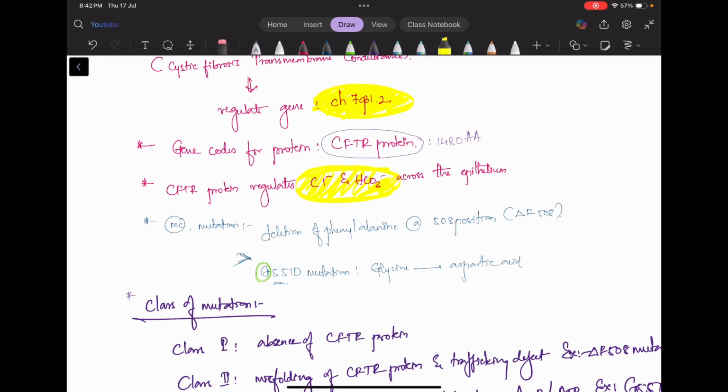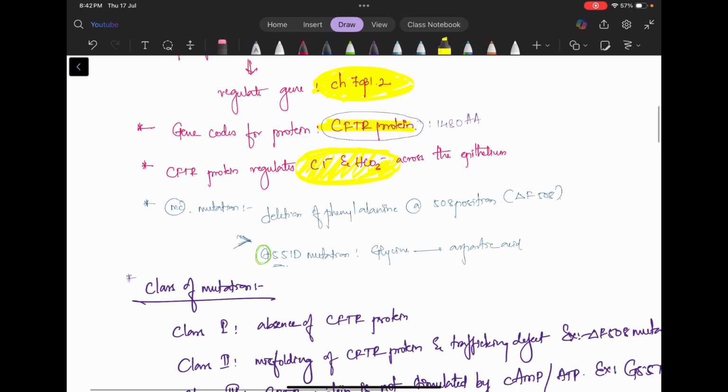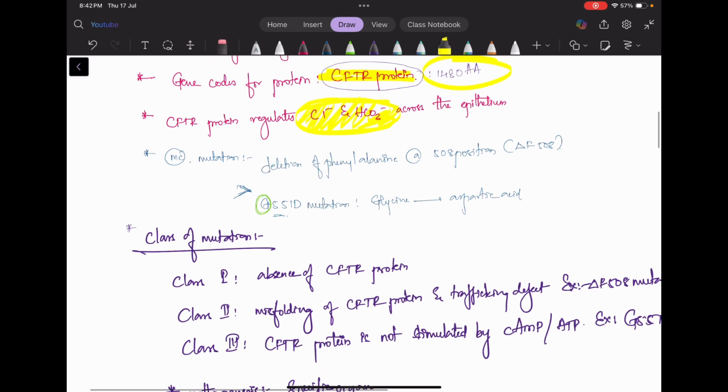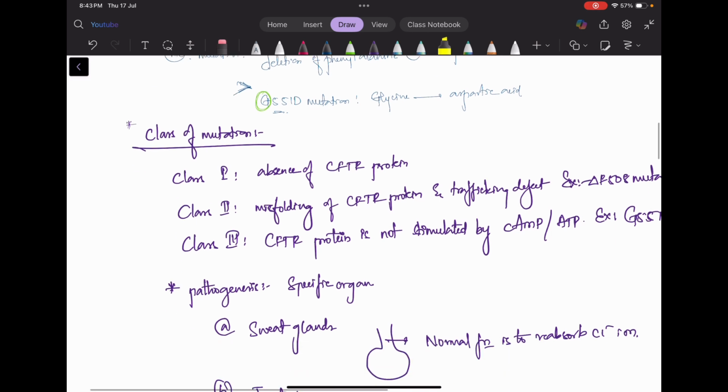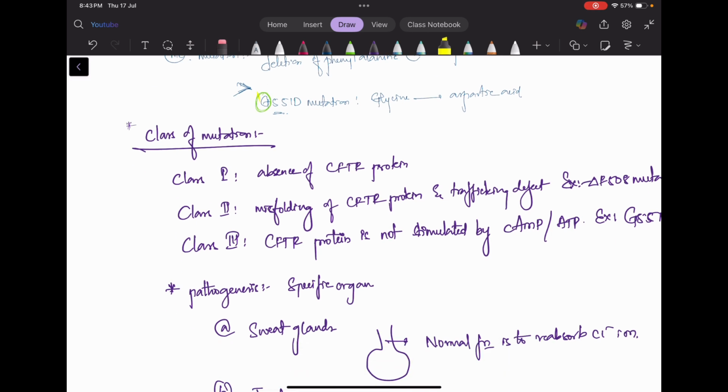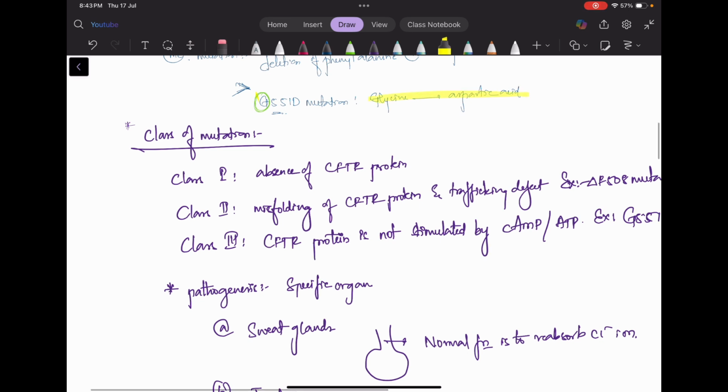The gene codes for the CFTR protein, it's 1480 amino acids. The CFTR protein regulates chloride and bicarbonate across the epithelium. The most common mutation is F508 deletion. The second most common is G551D mutation, where glycine is replaced by aspartic acid.